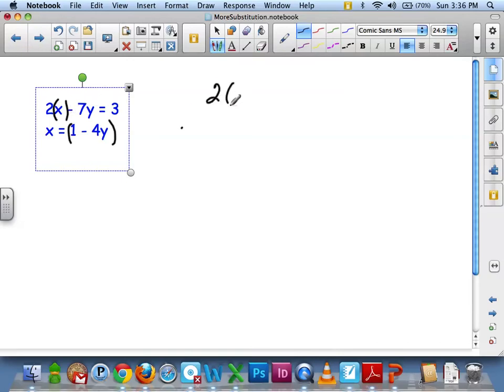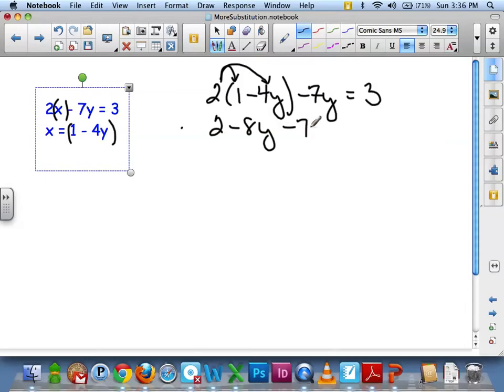So we're going to go 2 times (1 minus 4y) minus 7y equals 3. Then we're going to use the distributive property to multiply each of these terms inside the parentheses by 2. So we're going to have 2 minus 8y minus 7y equals 3.